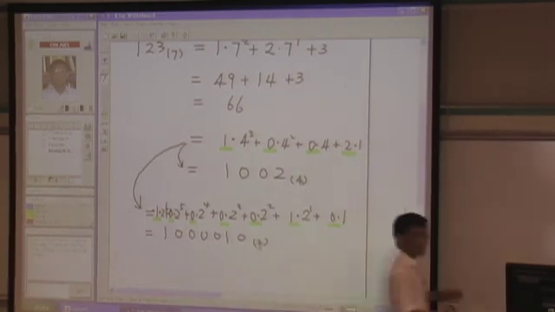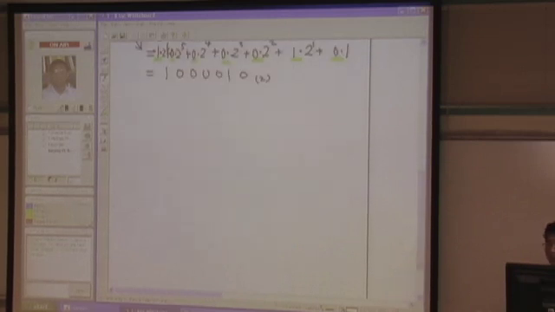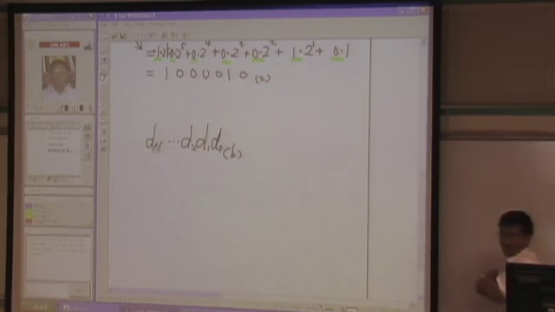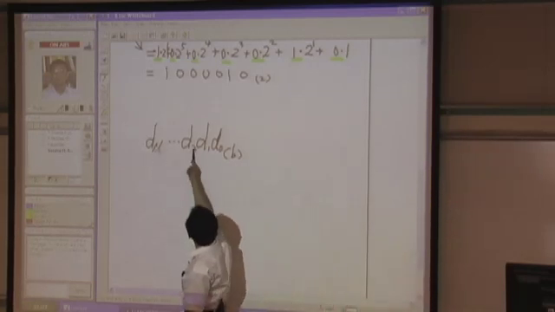Then I will show you the algorithmic approach. In the algorithmic approach, a base change depends on this simple fact. With base B, we represent some number such as digit 0, digit 1, digit 2, and so on, up to digit n.